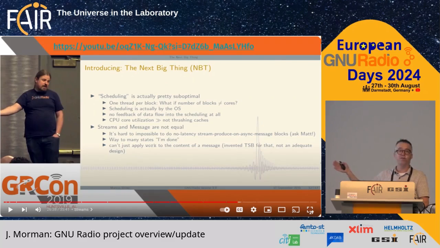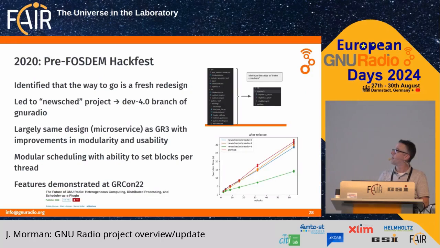So this was 5 years ago. At the next FOSDEM, several of us got together. This was at ISA in Noordwijk, and really the conclusion going into that was we're going to have to build something from the ground up in order to untangle the scheduler, to do something more modular.